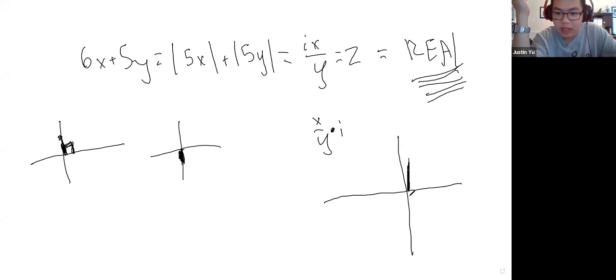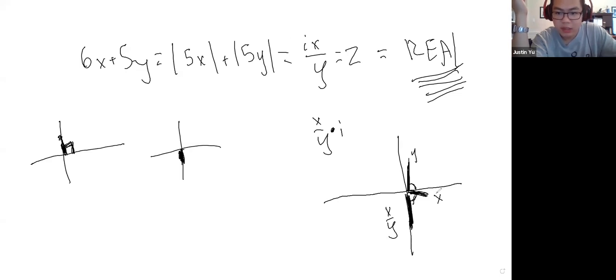Let's say this is y and this is x. All right, so I intend for this angle to be a 90-degree angle. So when I divide x by y, I'm subtracting this angle, which is the same as moving it over here. So some line like this is going to look like x over y.